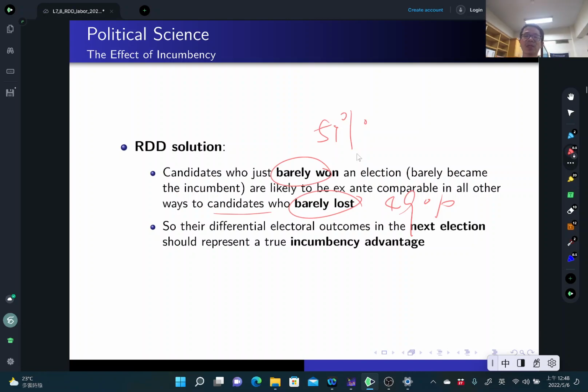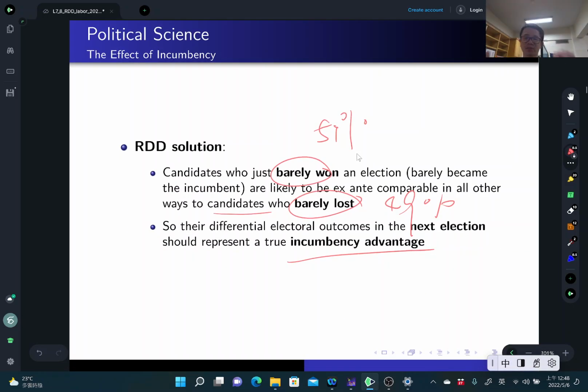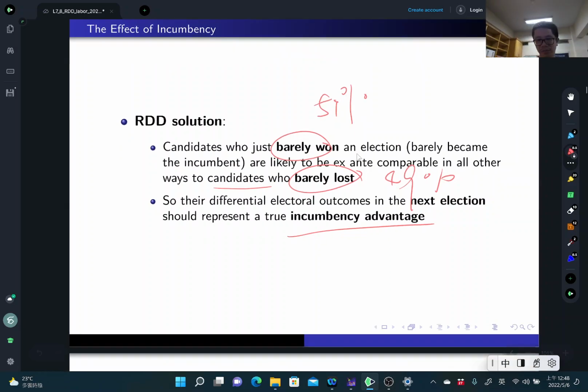And they compare the probability of getting elected next time. This could represent the incumbency advantage because both are very popular, so we can reduce this selection bias. The only difference is one becomes incumbent, one does not. One lost, one does not have this resource. And if we can find a very big difference in the winning probability of the next election, that can represent this incumbency advantage.